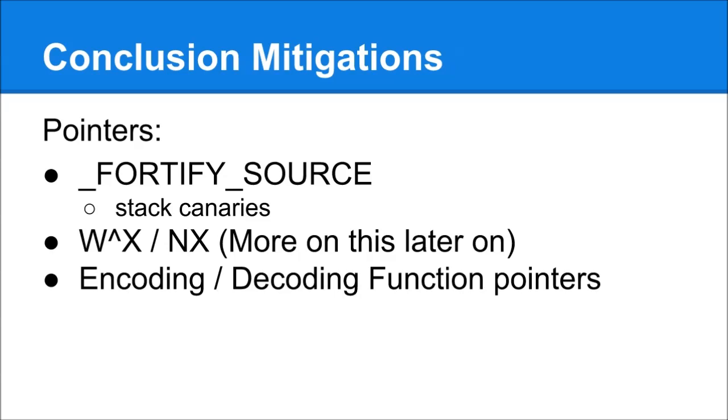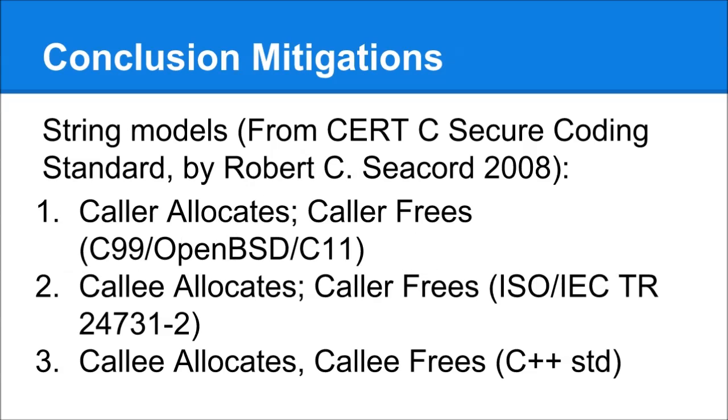But the concluding mitigations for the topics covered in these slides are the pointers. It's useful to use FORTIFY_SOURCE to add stack canaries. It's useful to use NX and DEP, and we'll cover that later. There's also encoding and decoding function pointers, but I don't feel like talking about that.